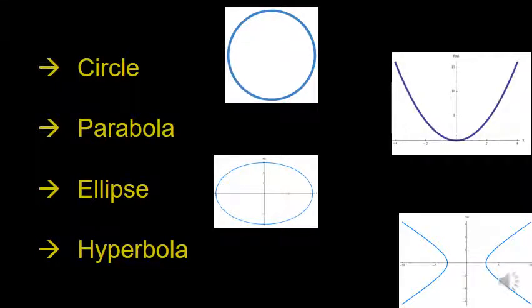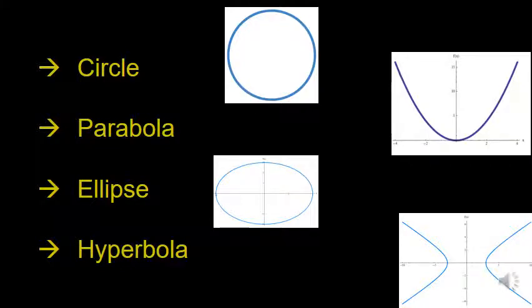And they also are shapes that you can get from slicing up a cone. The other two shapes are an ellipse, which is basically just the formal mathematical name for an oval or egg shape, and a hyperbola, which kind of looks like two parabolas side by side. It always has two parts to it and makes sort of a mirror image.